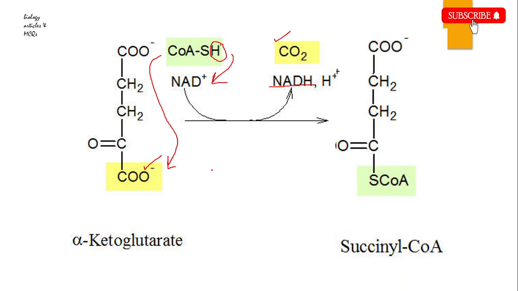So the product will be succinyl CoA. Here you can see the attachment of CoA with this carbon, and because one carbon dioxide is removed here, the product succinyl CoA is a 4-carbon compound, and the reactant was a 5-carbon compound. Here you can also see the removal of one carbon dioxide and one NADH molecule.